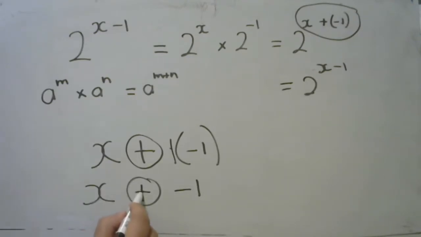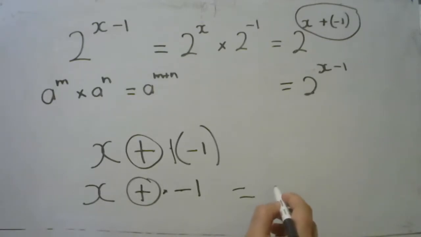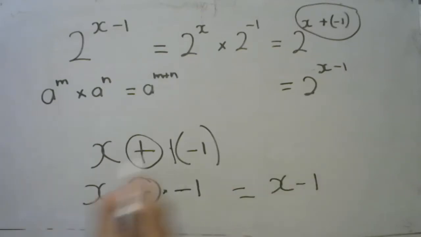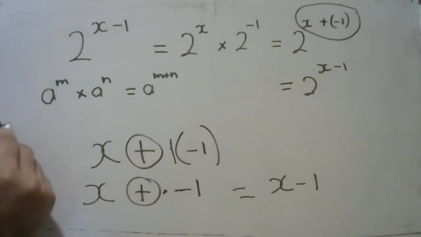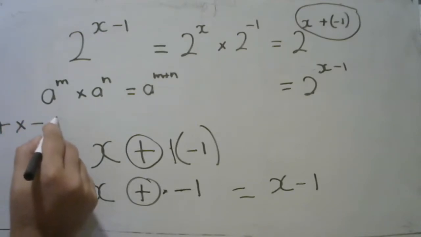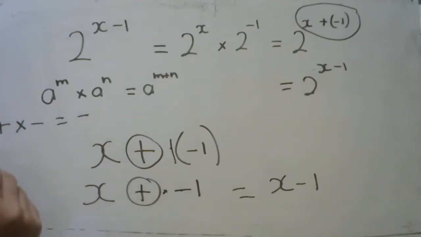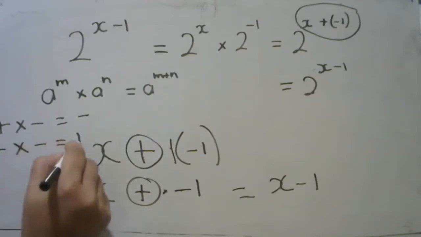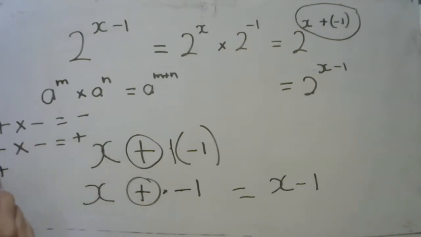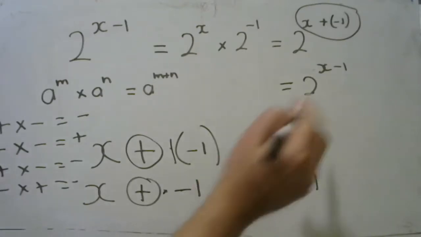But this is a plus times a minus sign, so it becomes negative x minus 1. So if you have plus multiplied by a negative, it equals negative. A negative times a negative is a positive. A positive times a negative is a negative. Negative times a positive is a negative. All right? Good. So that's how we get this here.